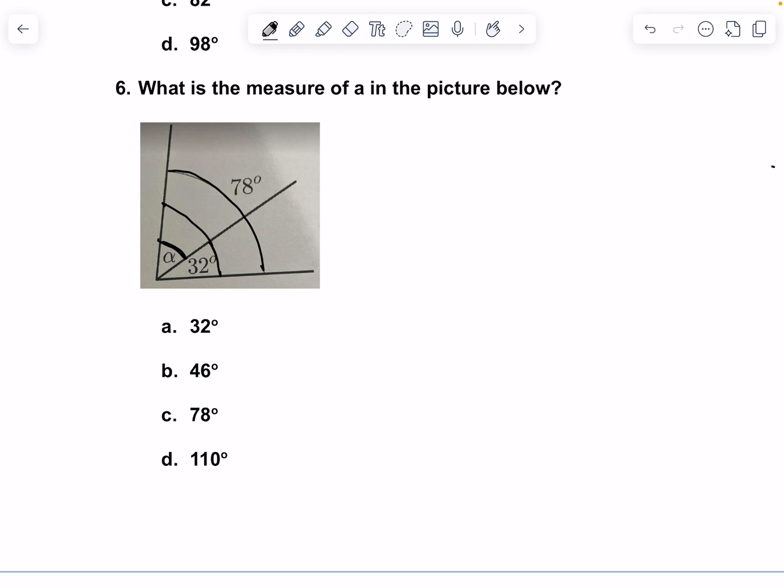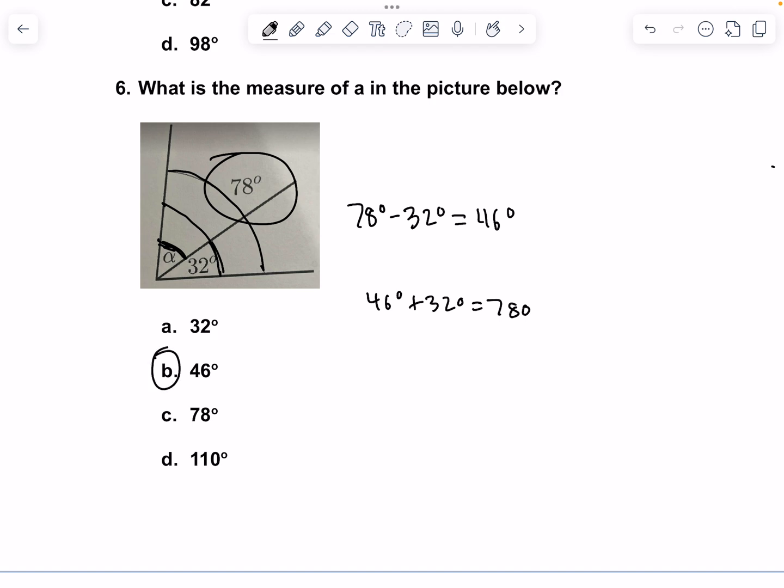We just do 78 degrees minus 32 degrees, because we already know one part of it, and we're trying to find the second part. So that'll just be 46 degrees is our answer. And we know we're correct because 46 degrees and 32 degrees add up to 78 degrees, which is right here. So the answer would be B, 46 degrees.